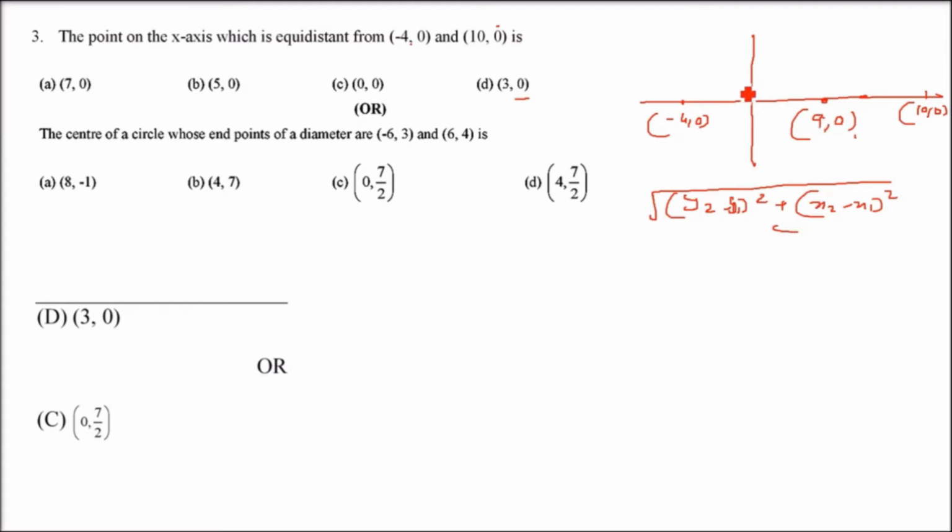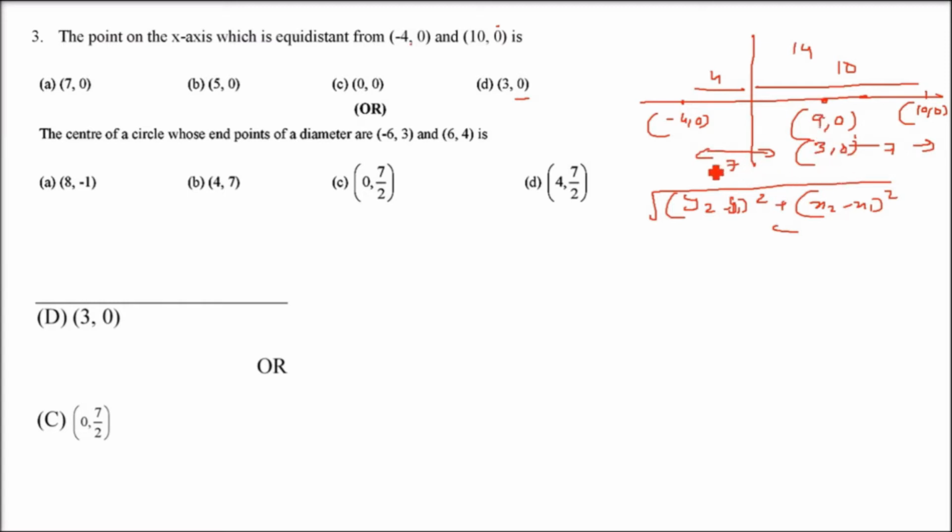So it's very obvious that minus 4 and 10, the distance between these two is 4 plus 10, which is 14. (a, 0) is in between, so it has to be 7 units from left and right. So it has to be (3, 0). How? Because 3 and 10 have a distance of 7, and minus 4 and 3, the distance between them is 7.